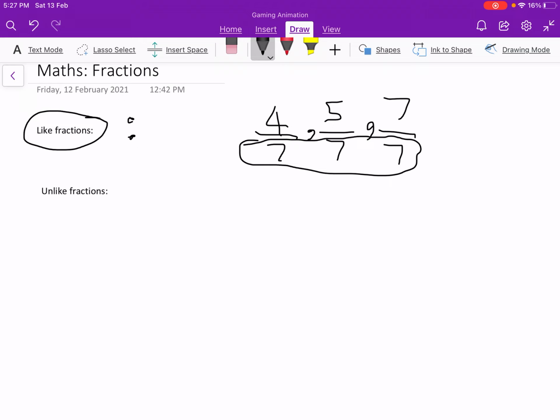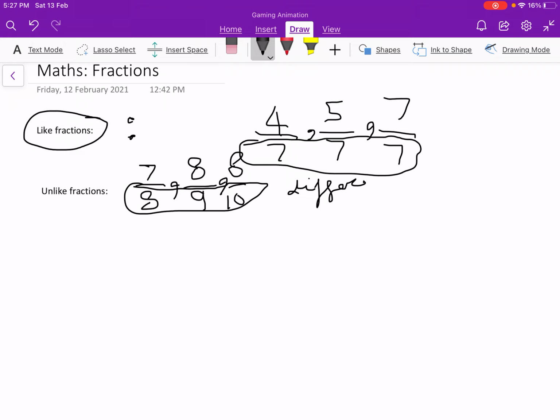Not the same denominator, like 7 out of 8 and 8 out of 9 and 8 out of 10. See, it's not the same denominator. The denominator is different, where here it's same. Okay, so let's go to the next one.